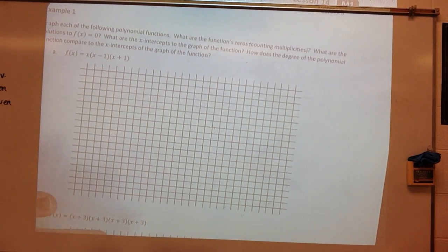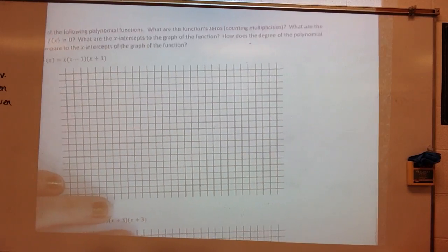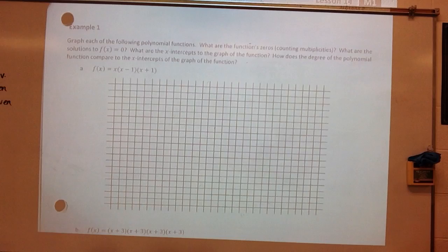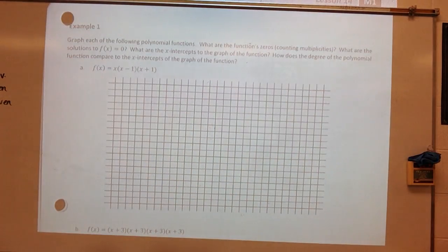If you remember, I can figure out my degree by adding my degrees. But I don't need to do that because it wants to know what the function's zeros are.